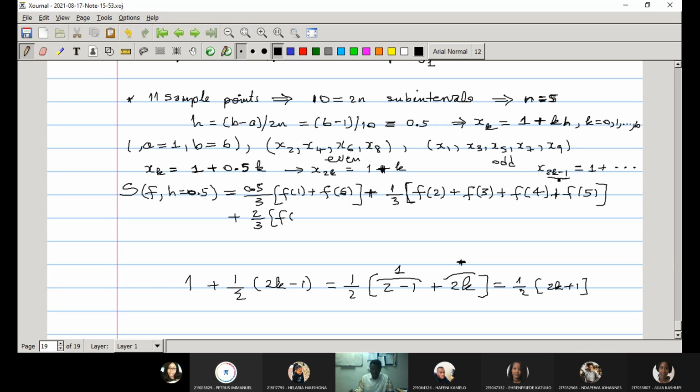If I substitute k equal to 1, the subscript will be 1, because it will be 2 minus 1, which is 1. This is the expression of x sub 2k minus 1. So I just take, in this formula, k equal to 1. So if k is equal to 1, this is 3 by 2, which is 1.5.